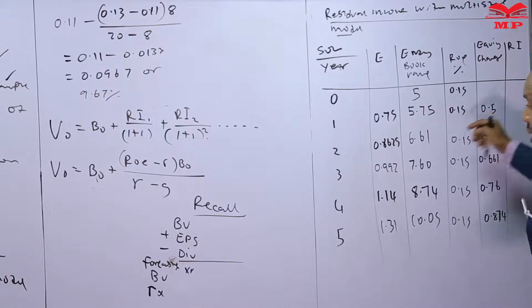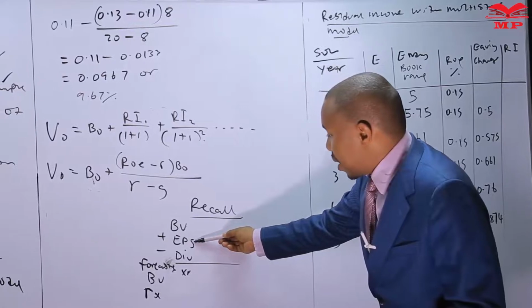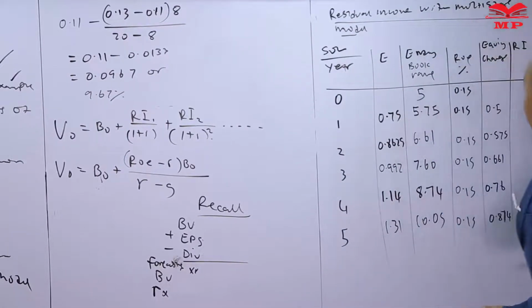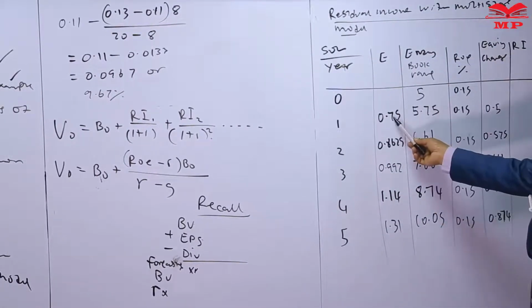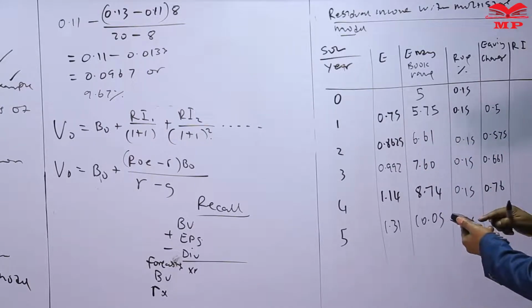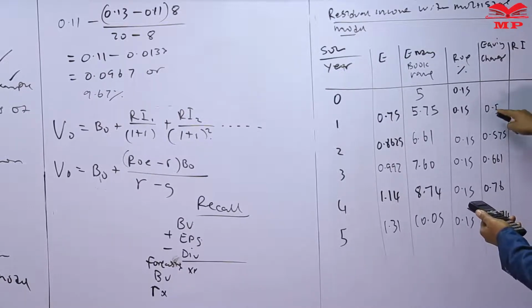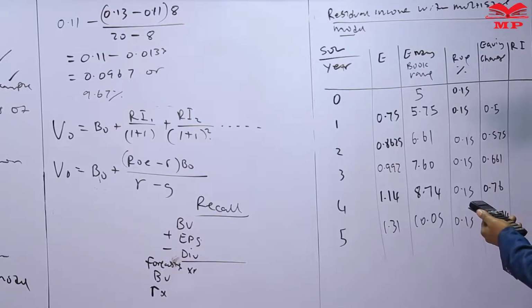Yes. The residual income is given as the earnings or the EPS less the equity charge. So it's this one minus this one, and we continue like that. The earnings 0.75 minus 0.5, 0.25.